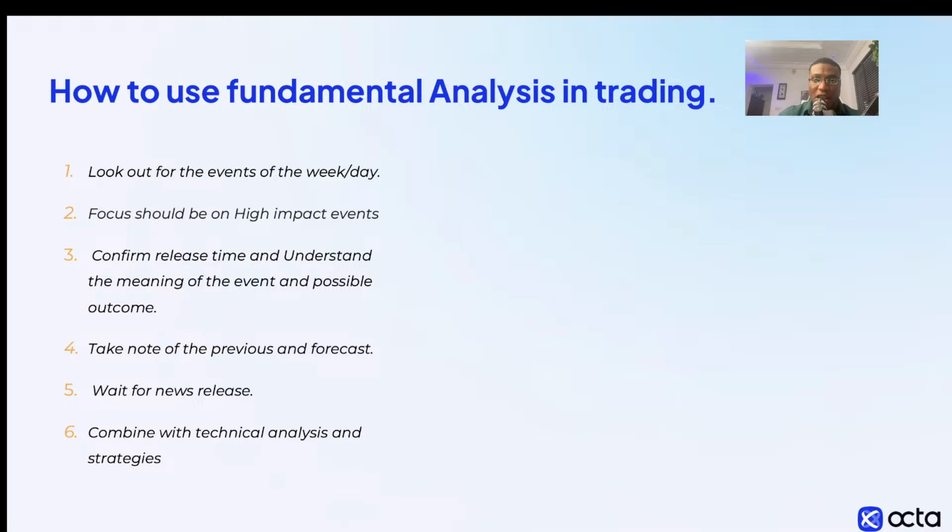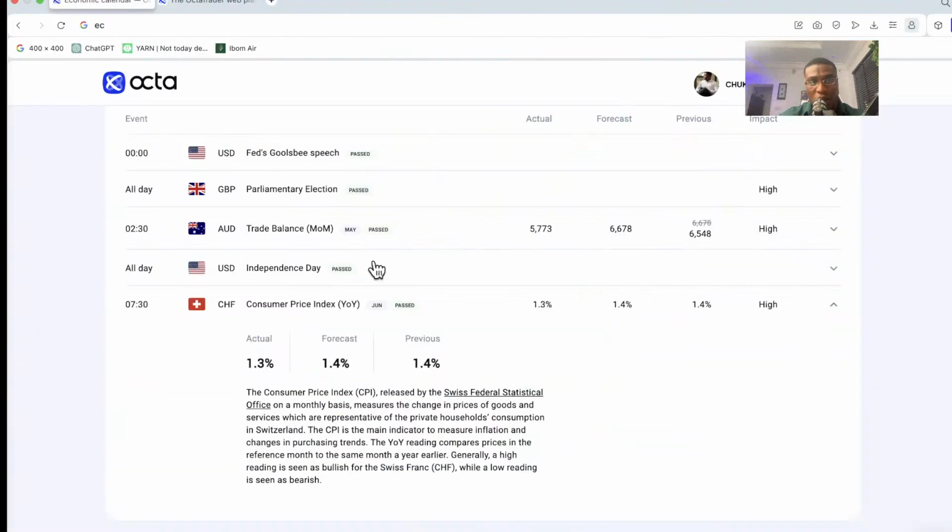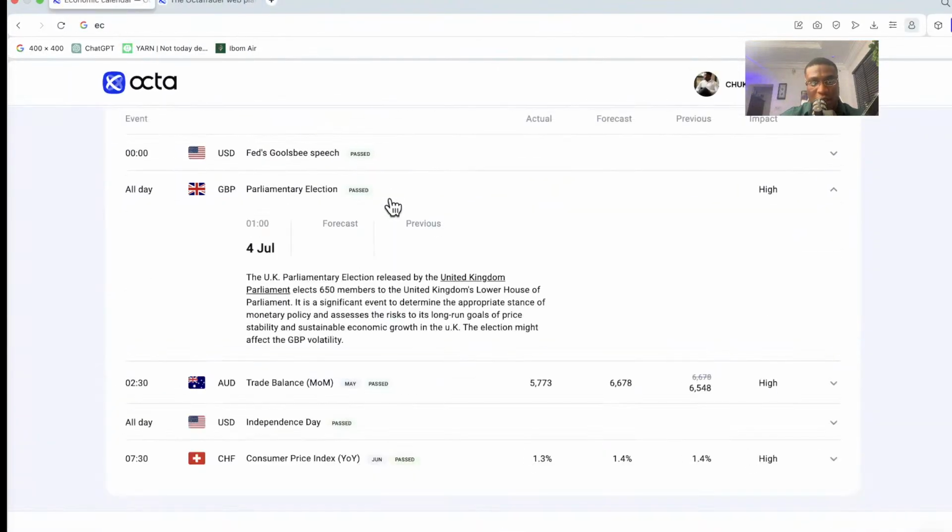Now, your focus should be on high impact events because they bring about increased volatility as compared to medium and low impact. And you want to confirm the release time and understand the meaning of the event and the possible outcome. With the Octa economic calendar, you can always do that. I showed you guys how you can always click on these events, read them, and understand what each report would mean.